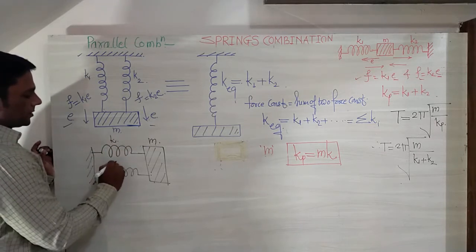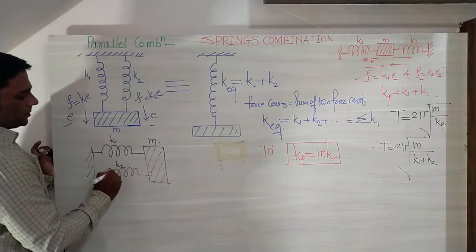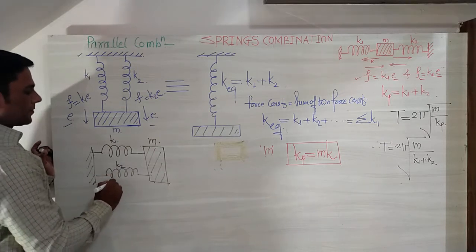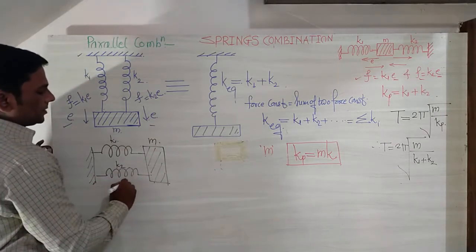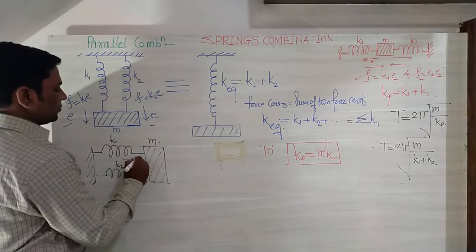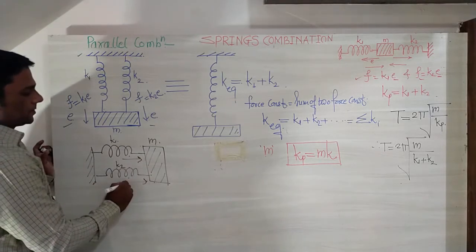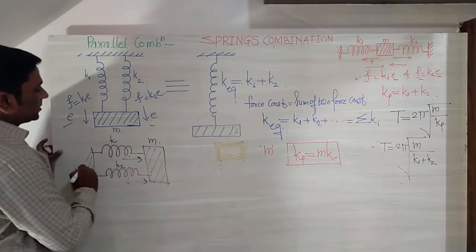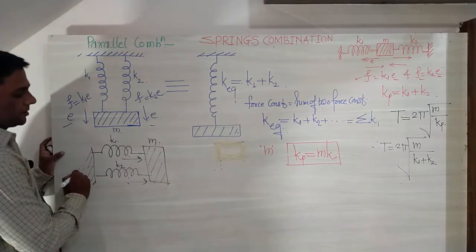The first spring has spring constant K1 and the second spring has constant K2. In that situation the extension produced in both springs is the same, so it is also called a parallel situation.